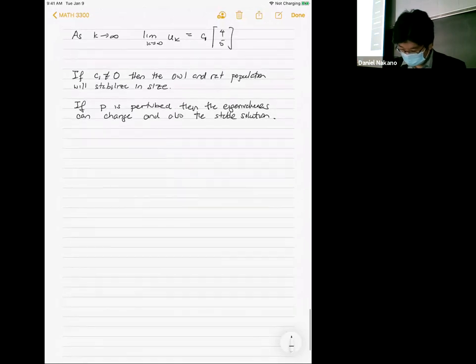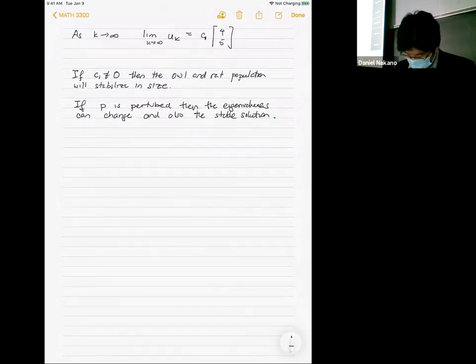So the next topic will be inner products, length, and the notion of orthogonality.